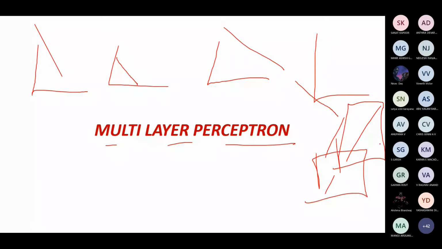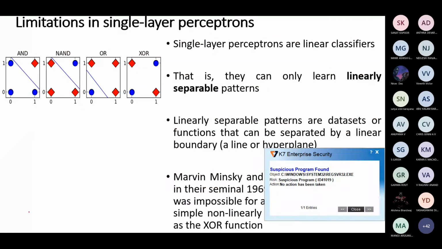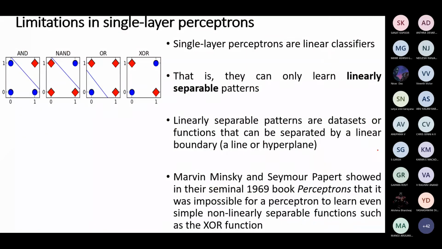But what about XOR? The AND gate, the NAND gate, the OR gate are linearly separable. But what about XOR? If I draw a linearly separating line, something like this, what about that? They can only learn linearly separable patterns.